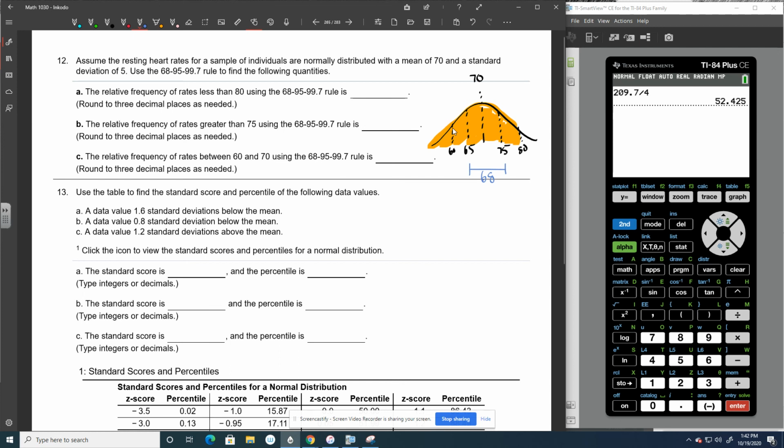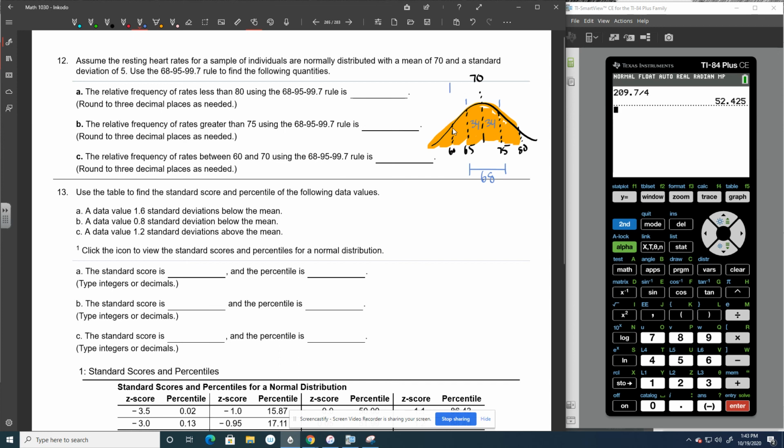So we're going to have 34% right here and another 34% right here, in between one standard deviation below and one standard deviation above. So 65 is one standard deviation lower, and 75 is one standard deviation higher, and 68% of the data is going to be in between those two values.